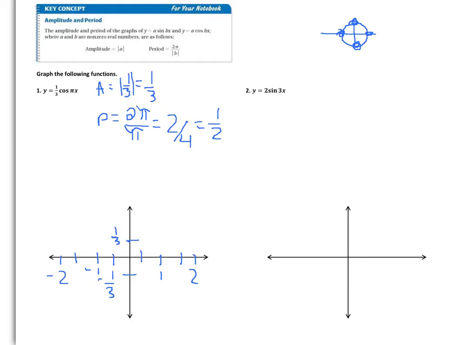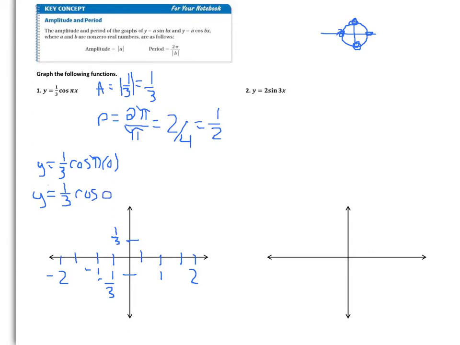Okay, now watch. If I go to graph these, if I start at 0 when x is 0, now, again, you should not need a calculator for this.